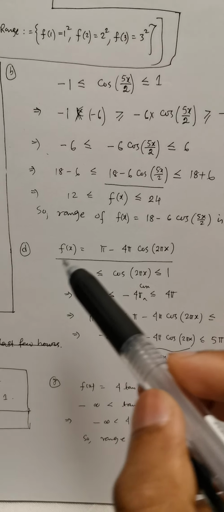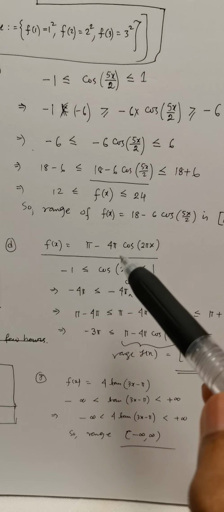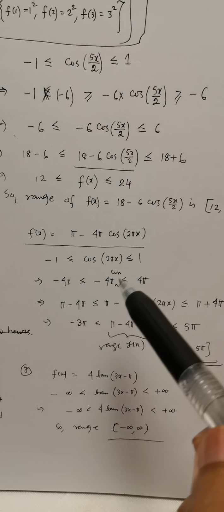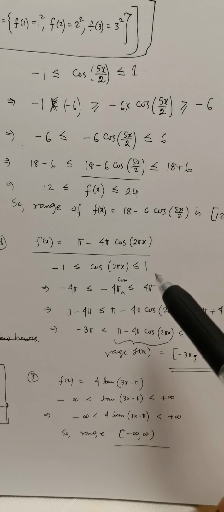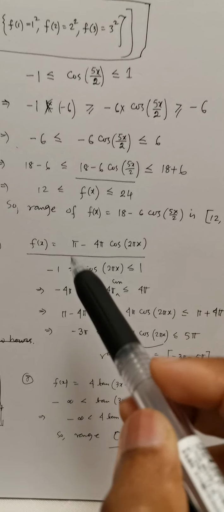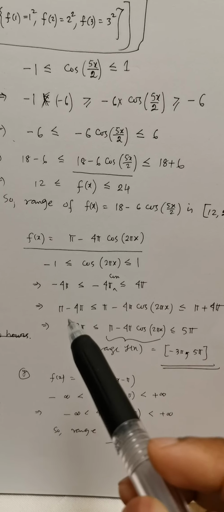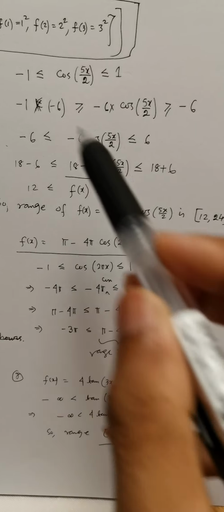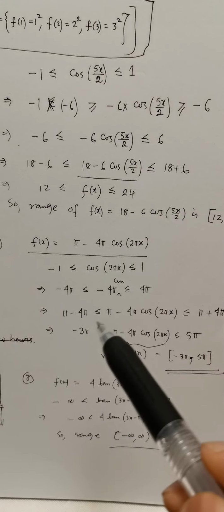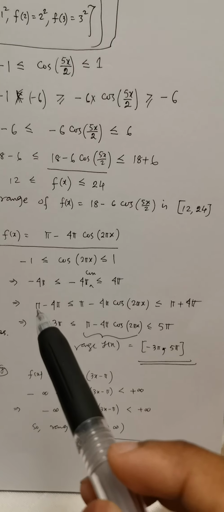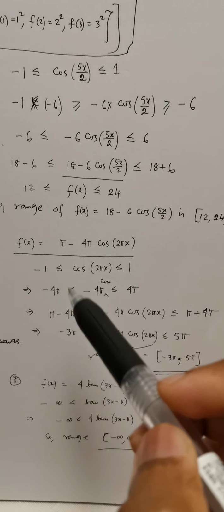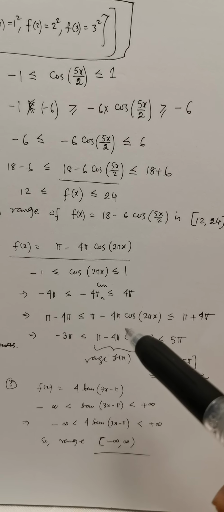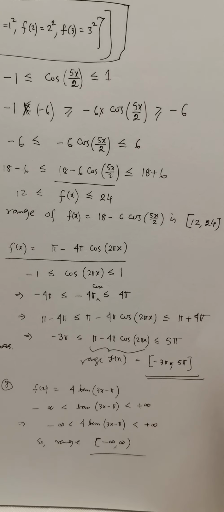Now question number D is similar: pi minus 4 pi cos 2 pi x. Similarly, cos of whatever always lies between -1 and +1. So you have to bring the middle expression into this form. I multiply both sides by -4 pi and you get a similar expression; it was -6 before and here it is -4 pi. So pi minus 4 pi less than or equal to pi minus 4 pi cos 2 pi x less than or equal to pi plus 4 pi.